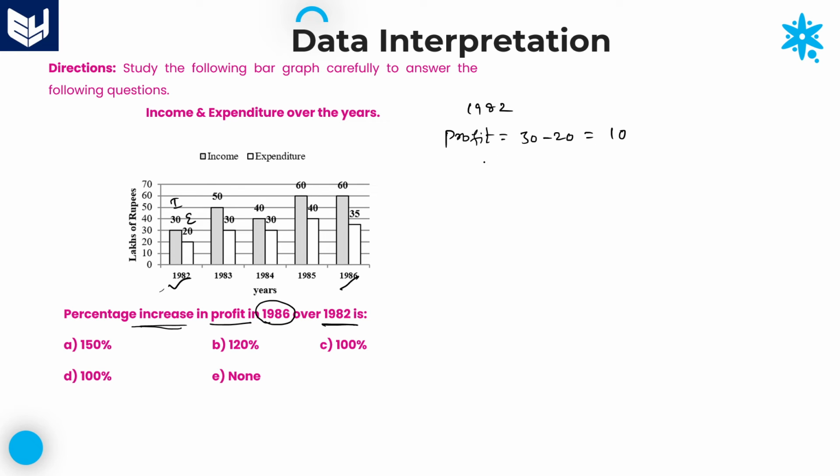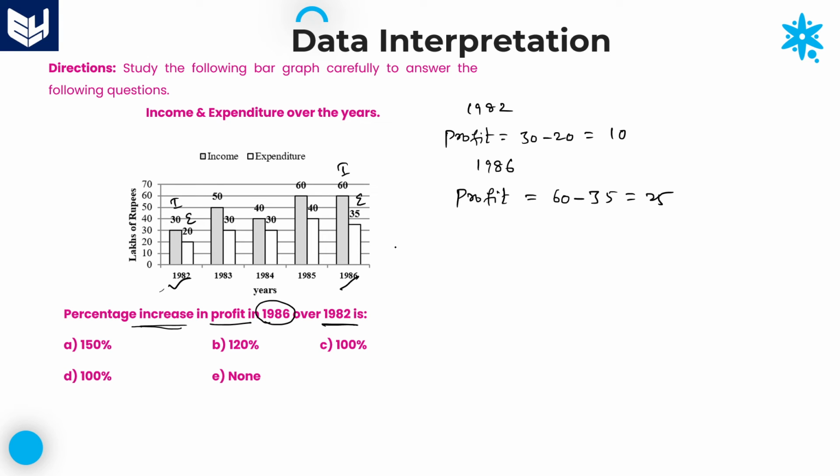Profit value 10. Whereas in 1986, here the income is 60 and the expenditure 35. 60 minus 35, which is equal to 25.